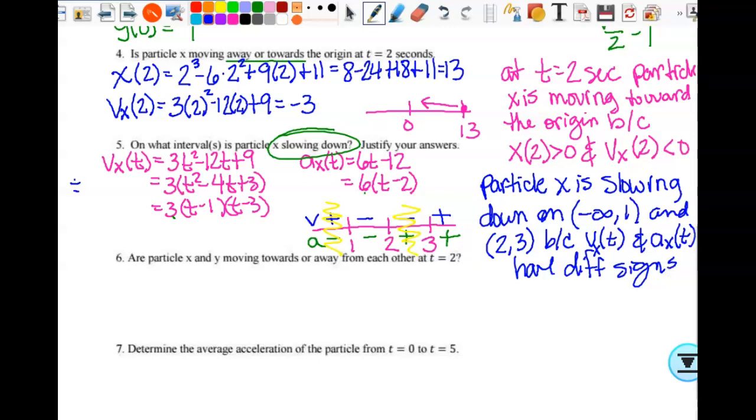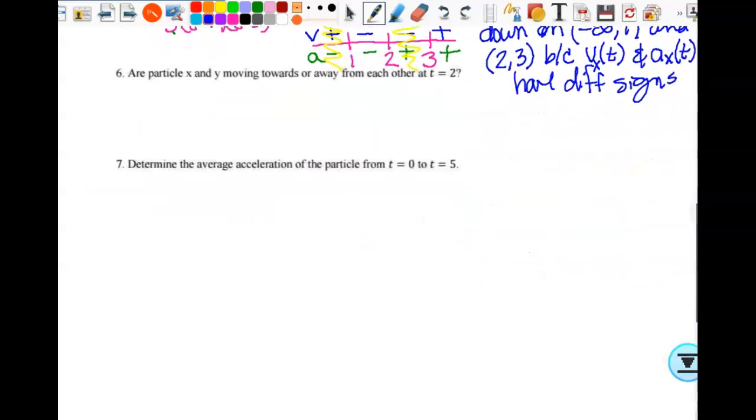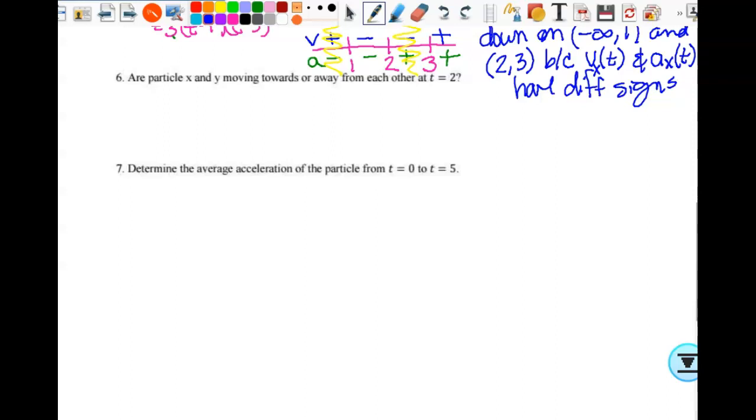All right, so now I want to know, are particle x and y moving towards or away from each other at t equals 2? So again, towards or away, we need position and we need velocity, okay? So let's think, I need it for x and y. So the position, so x of t, or x of 2 really.